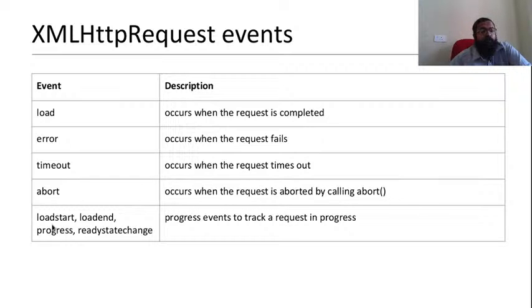Then you have load start, load end, progress, and ready state change, which are the events to track a request that is in progress. So these are the different XML HTTP request events.